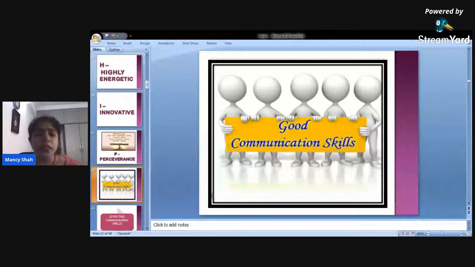You need an army, you need a team of people who are going to work for you, with you. It is no more that the bosses give orders and the employees follow. No, it is a time when we together achieve, the bosses as well as the employees. So it's teamwork. So how you communicate, how you keep them connected, makes a whole lot of a difference.